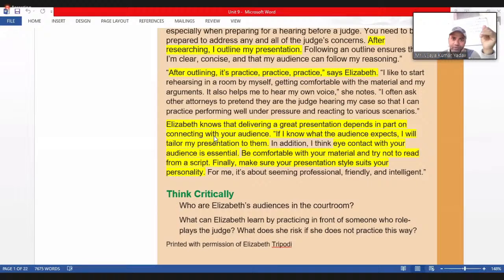In body language, you write the subtopics: eye contact, facial expressions, gestures, and then posture and body movements.